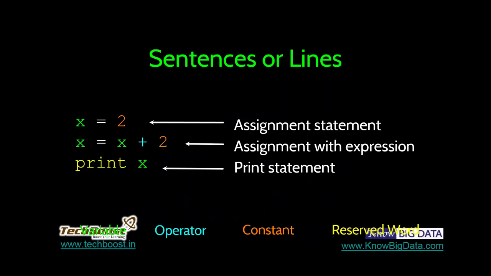This is a similar example we saw in the last session, that words form sentences. And these are the three different forms of sentences we saw: assignment, assignment with expression, and the print statement.